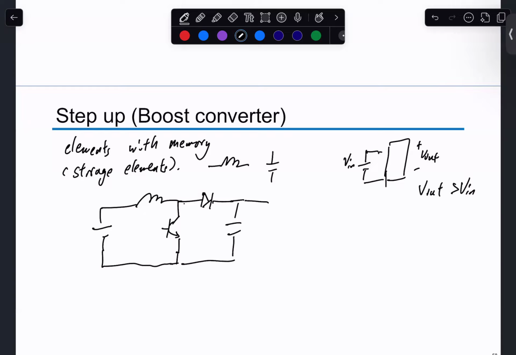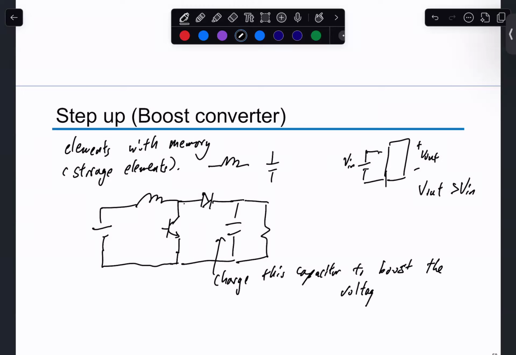We'll have a capacitor, and then we have a voltage output. And the idea is basically we can charge up to boost the voltage. So we'll try to charge this thing to boost the voltage.